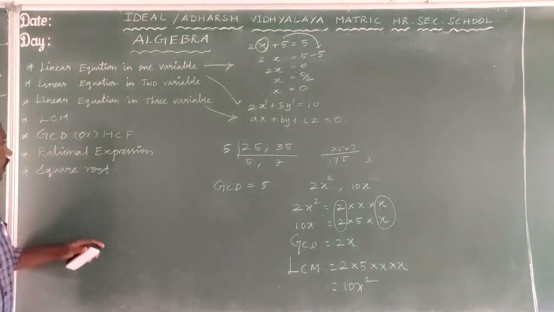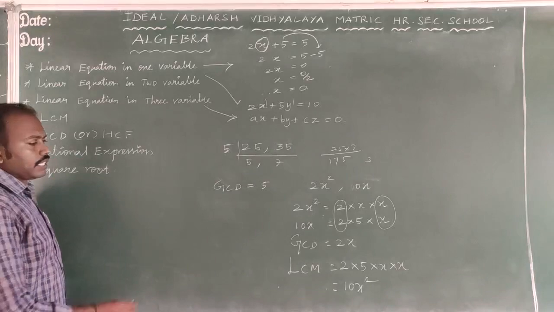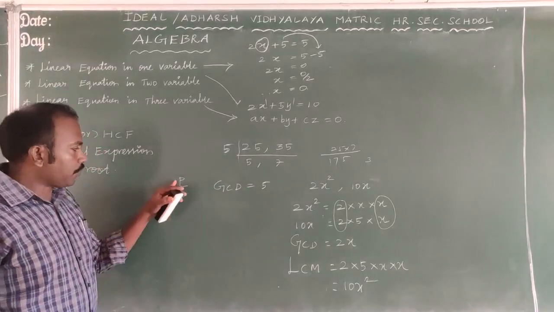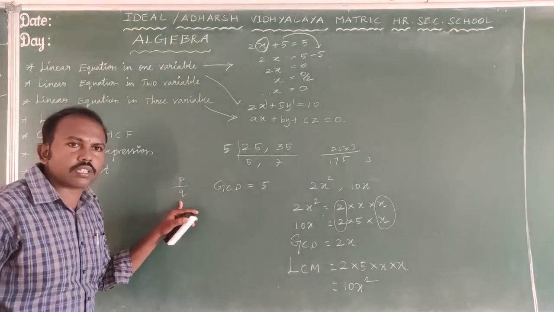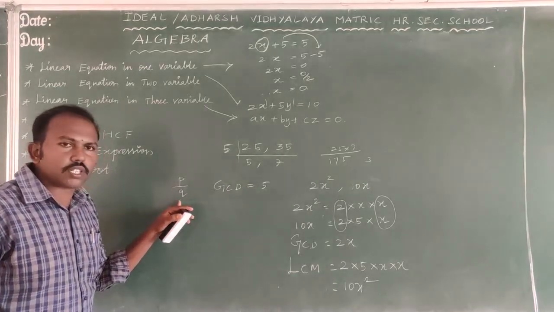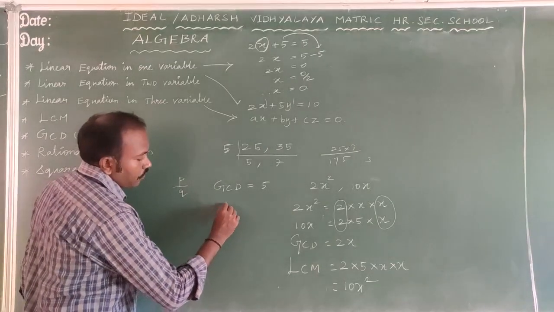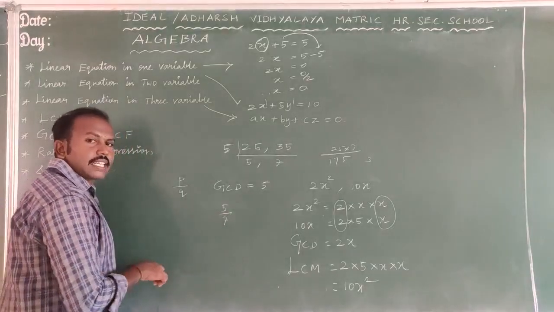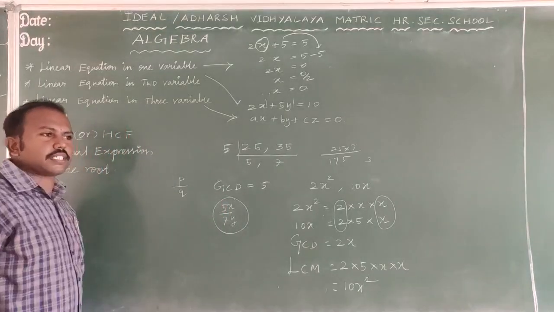Okay, right. Next one, rational expressions. We know the rational number, that is p by q is a rational number, where q is not equal to 0, because if the denominator is 0 it is undefined. For example, 5 by 7 is a rational number. A rational expression is like 5x divided by 7y. This is a rational expression.